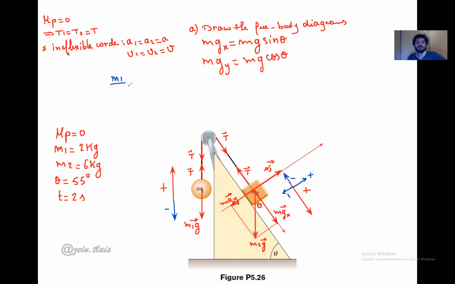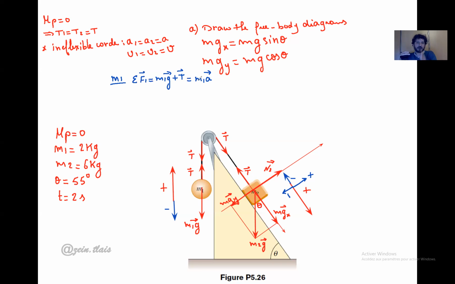So here, for M1, the summation of F on M1, here we have M1G plus T equals M1A. We have A here. I don't need to write AX, AY, okay? We have the same.